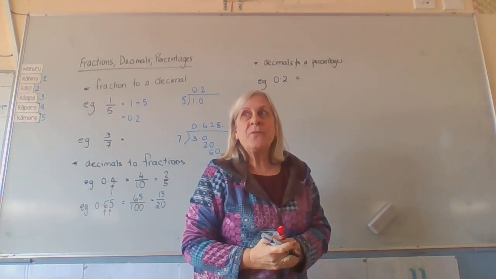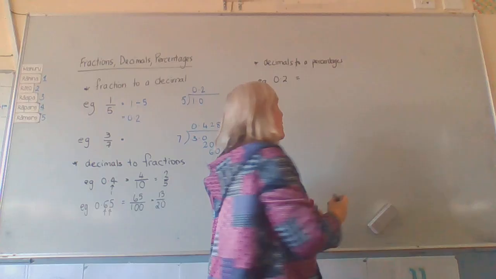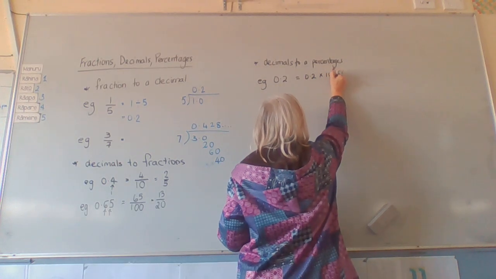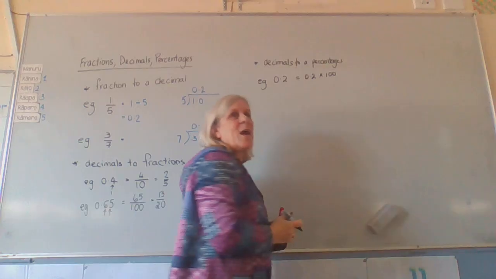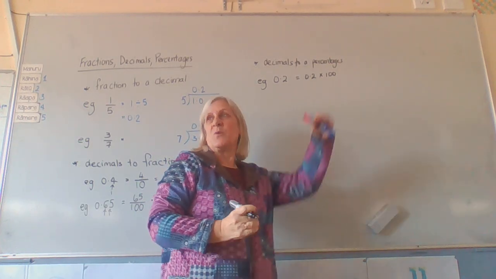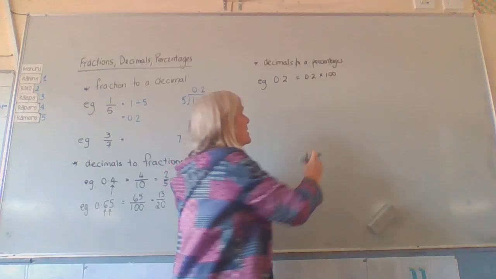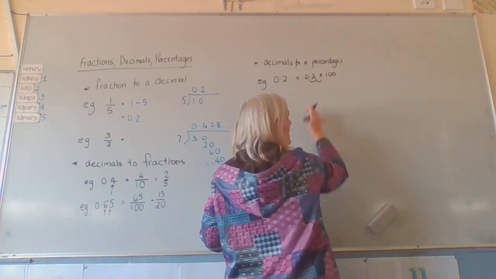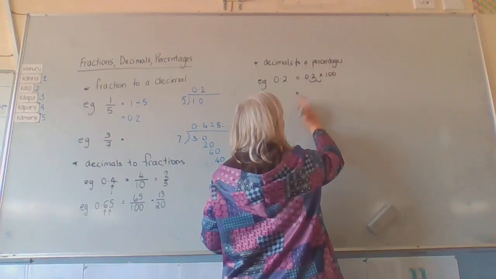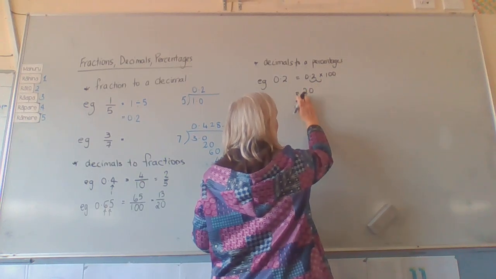Percentages are out of 100. 0.2 times 100. When we multiply by 100, what happens? We move the decimal place along 2. So we go 1, 2. There isn't anything there. We need to fill it in with a 0. So 2 and a 0.